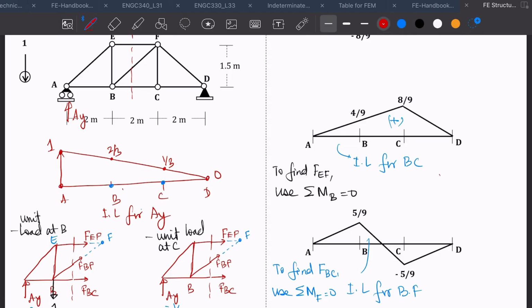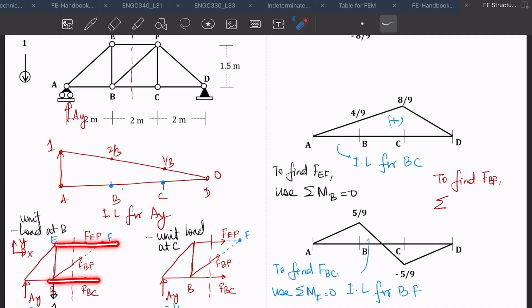And then if you want to find FBF, then you will not use moment. If you look here, you'll see that FEF is along the x direction. If this is your coordinate axis, your x, your y, you'll see that FEF is along the x direction, FBC is along the x direction.